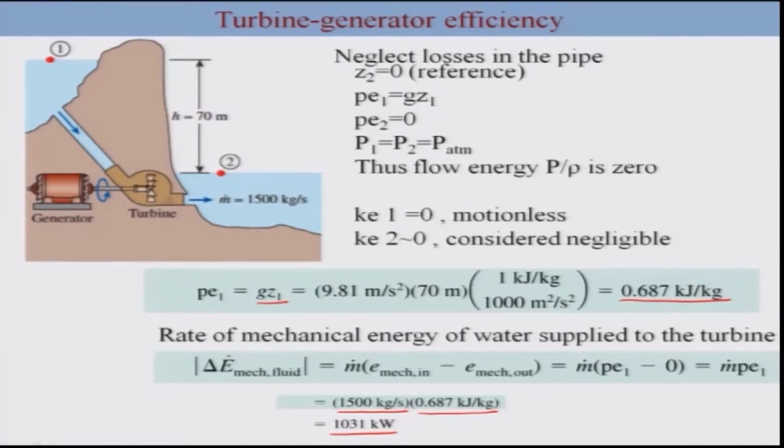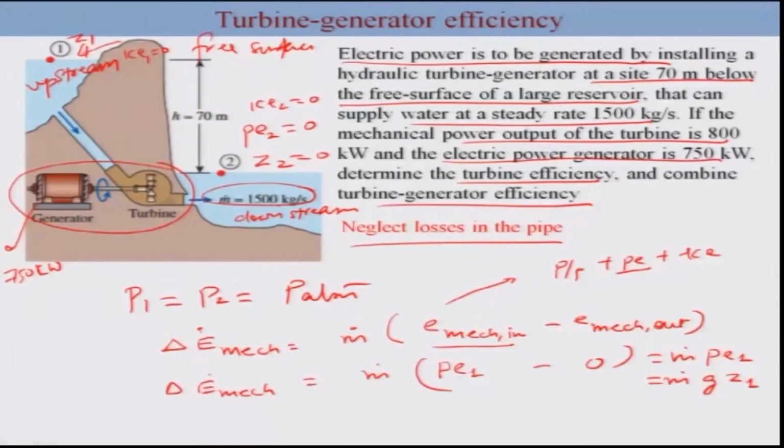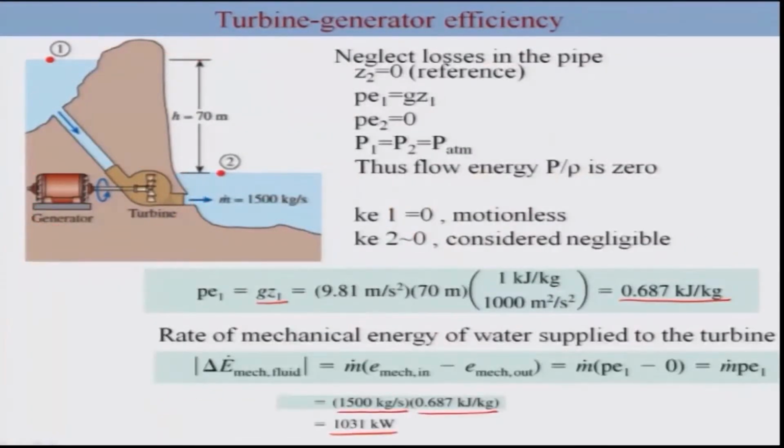Now remember that what I did was the absolute change, because I am using E in minus out. There is a drop in mechanical energy, and that is what is used, so absolute change here.